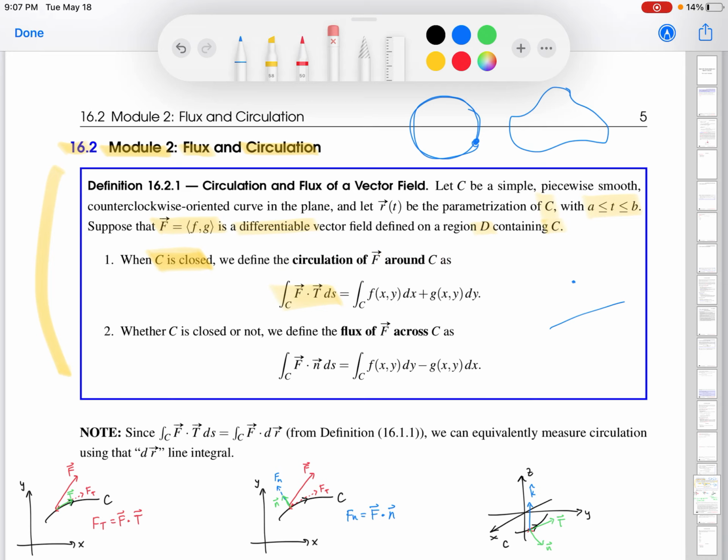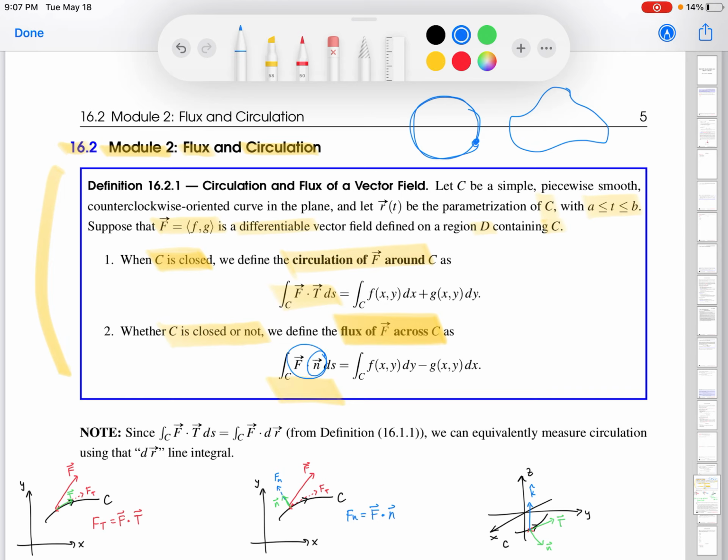So the new concept here really is not just a rephrasing of what we already know, like this one is. This is the flux. Down here it says when C is closed or not, in other words, C does not have to be closed for this definition, we define the flux of F across C as this new line integral. So I'm going to tell you what this is in a minute.